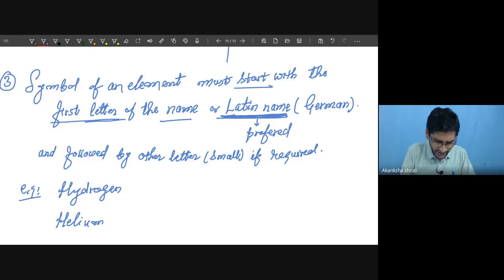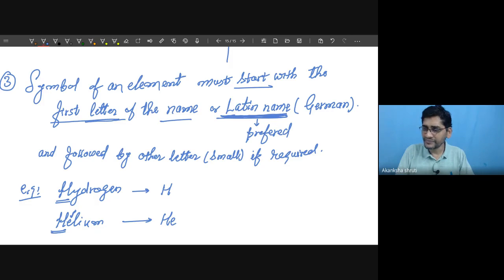Here both hydrogen and helium start with H. Then how to differentiate these two in their symbol form? It was proposed that for hydrogen you just take H, but for helium you append another letter of the same element, the E, so He is taken. Okay?